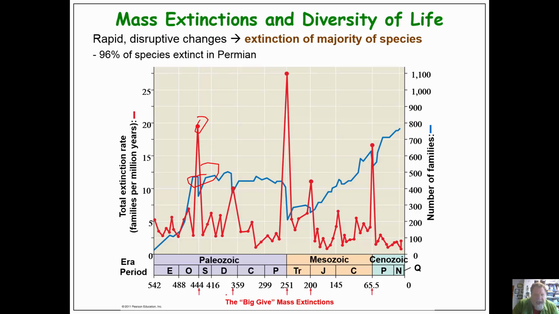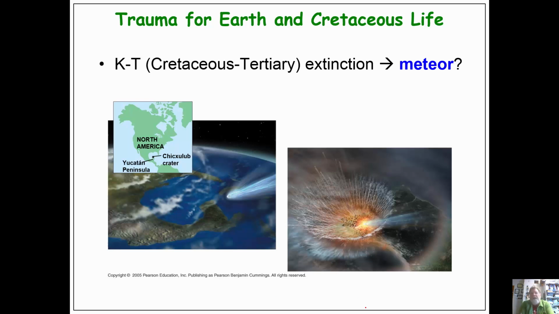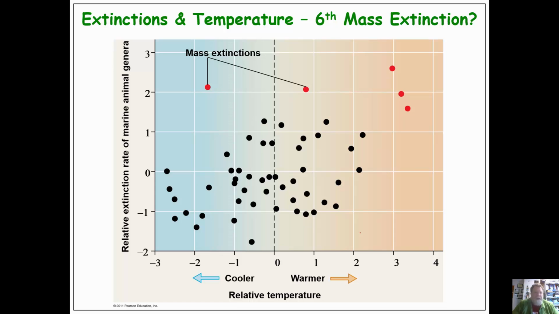If we look at these, we see the big five extinctions occurring. The last really big extinction that we looked at was the Cretaceous-Tertiary extinction, the KT boundary, which is basically a meteor came and hit the Earth and caused all kinds of troubles.